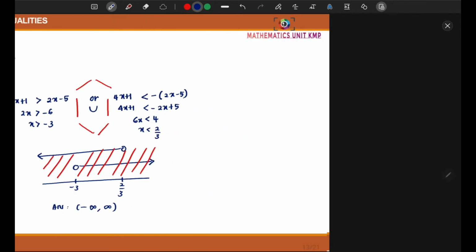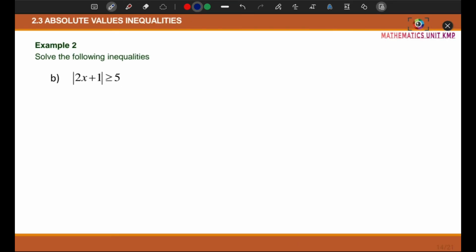Next example, 2x plus 1 greater than or equal to 5. So separate 2x plus 1 greater than or equal to 5. So here is greater than or equal to, we will use OR. Okay, 2x plus 1, remember, reverse and put the negative.